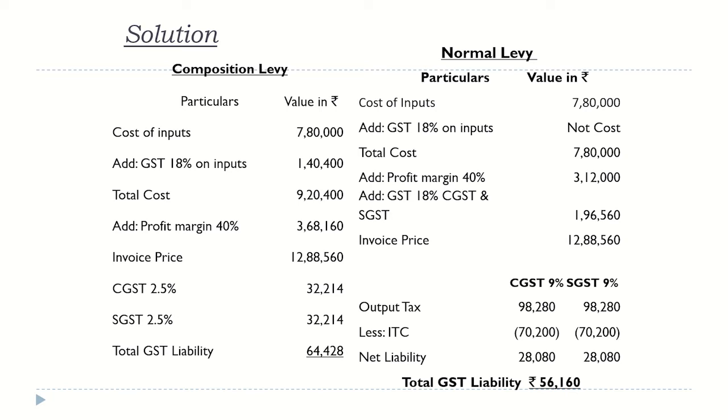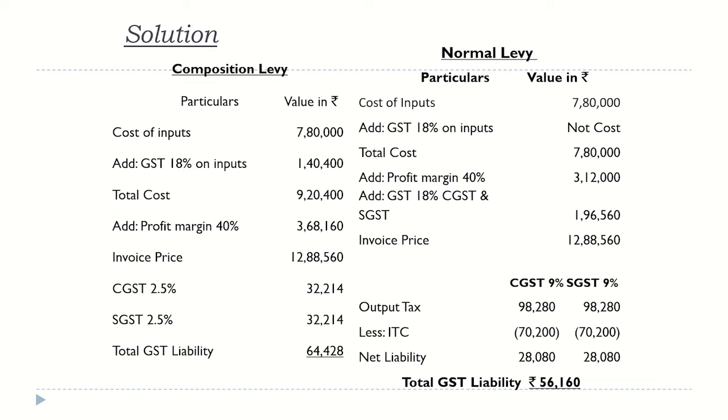Again, a profit margin of 40% is added on the cost, that is 3,12,000. On the total cost of 7,80,000 plus 3,12,000, you calculate 18% because it's a normal scheme and there is no concessional rate of tax. Hence the invoice price under both situations is 12,88,560.